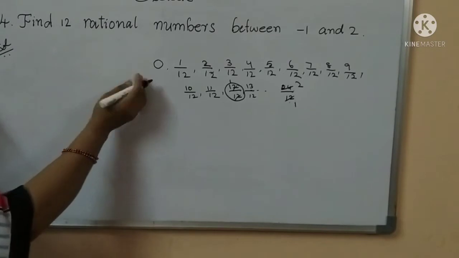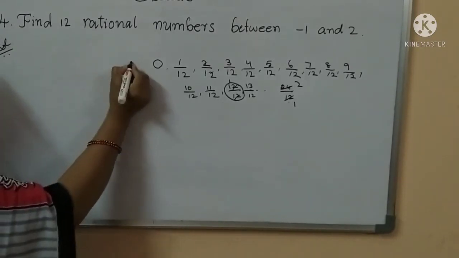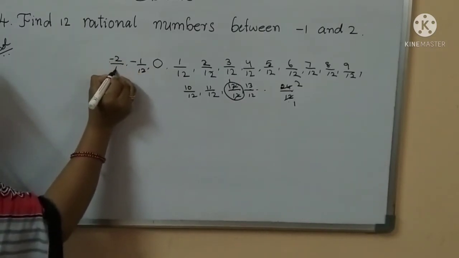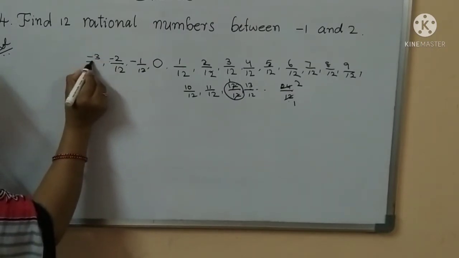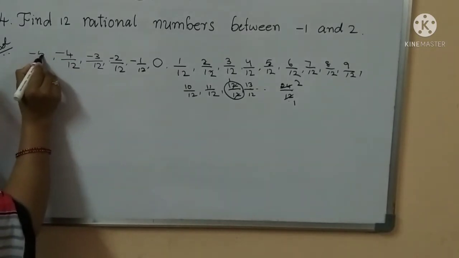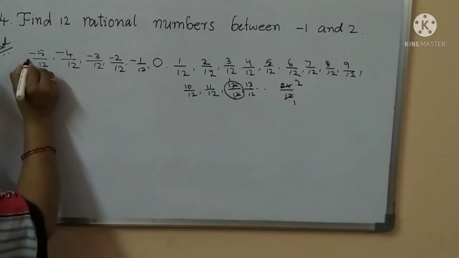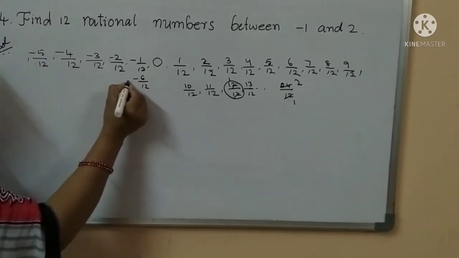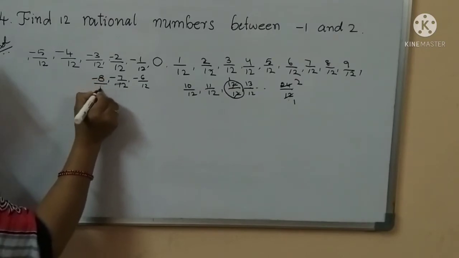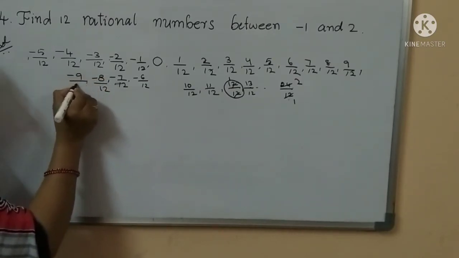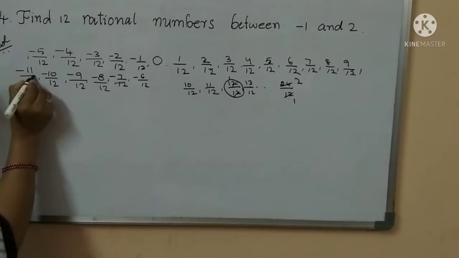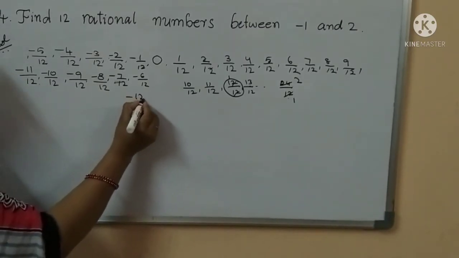Observe here. Next the negative numbers, we will write the negative numbers. So here -1 by 12, comma, -2 by 12, comma, -3 by 12, -4 by 12, -5 by 12, -6 by 12, -7 by 12, -8 by 12, -9 by 12, -10 by 12, -11 by 12, -12 by 12.